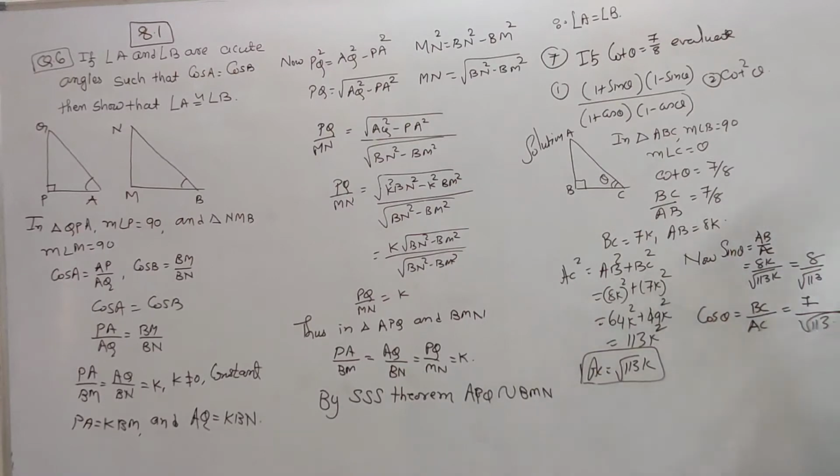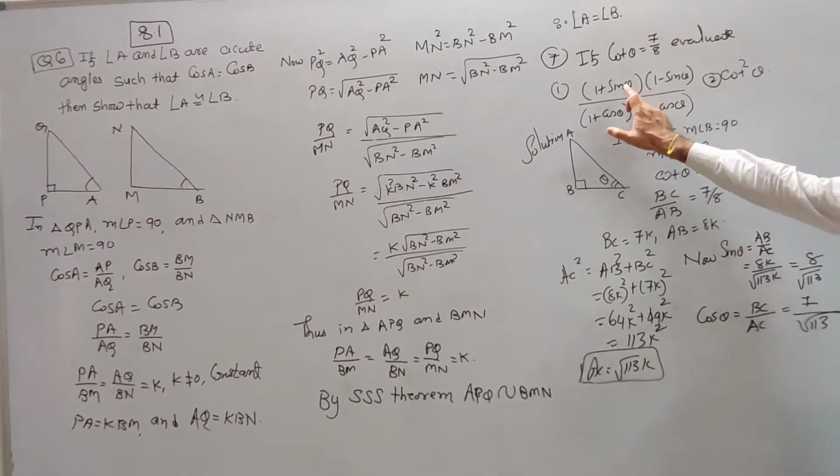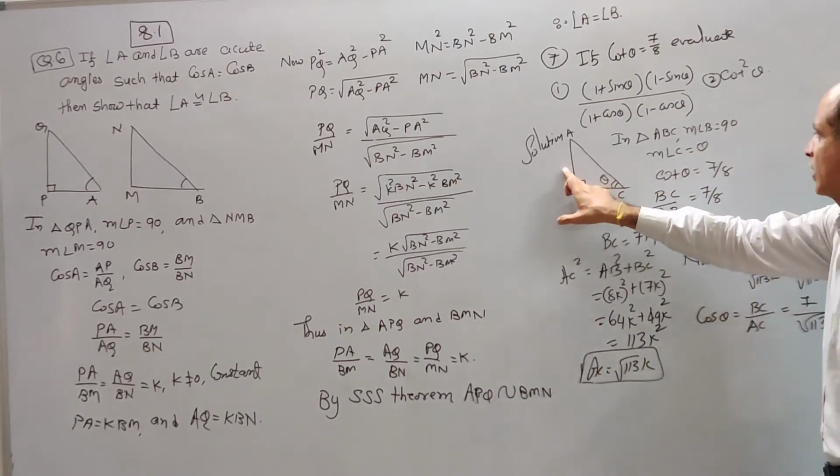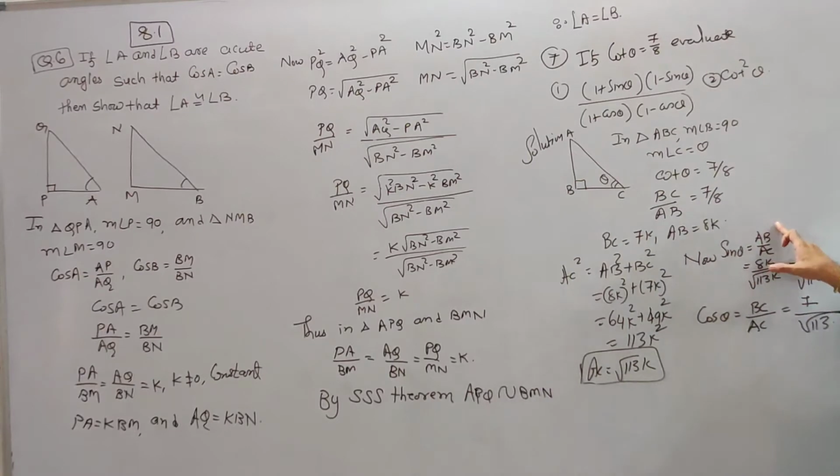Now you need the value of sin theta and cos theta. Sin theta is equal to opposite side upon hypotenuse, meaning AB upon AC. So 8K upon under root 113K is equal to 8 by under root 113.